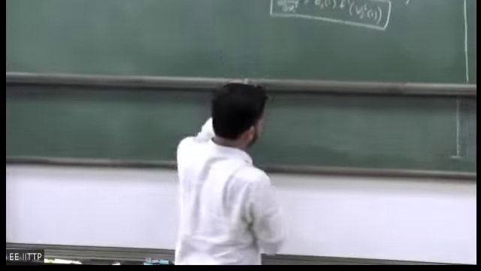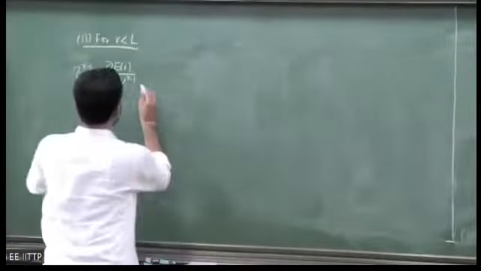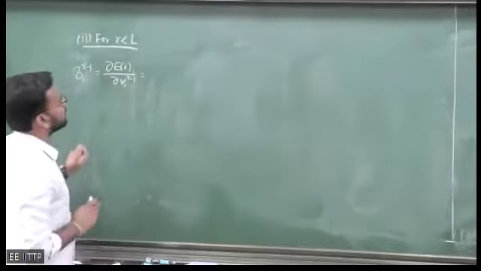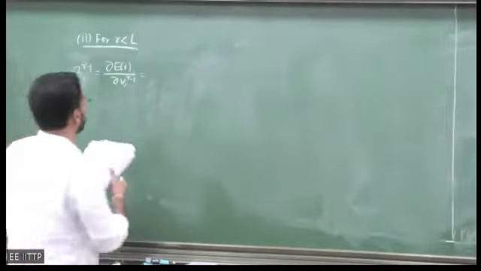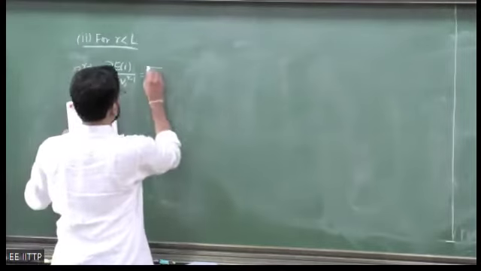So how do I write this now? Let me use the same notation that is there. Let me first write the expression for what I explained just now, and we'll relook at it.